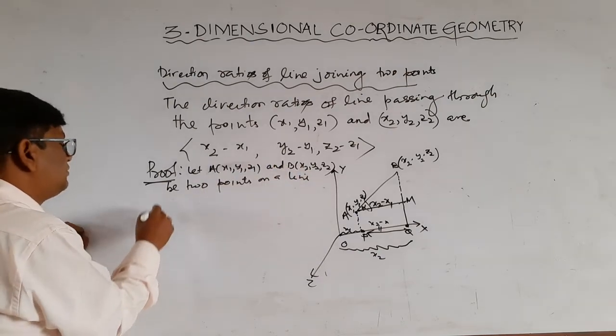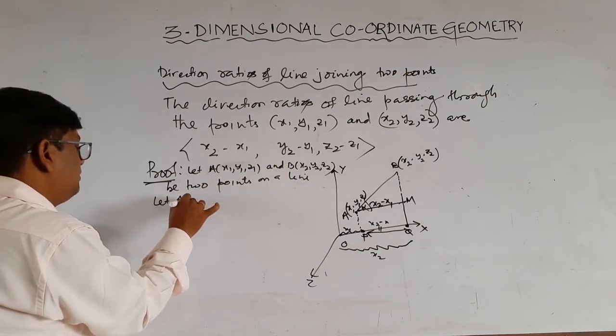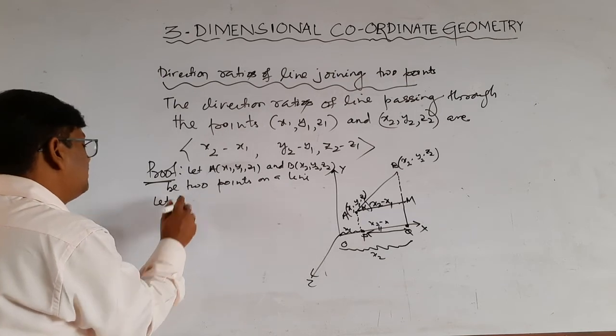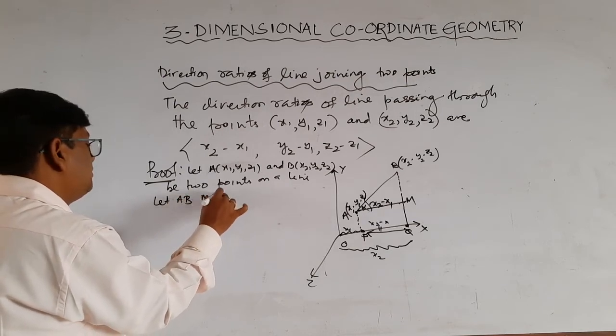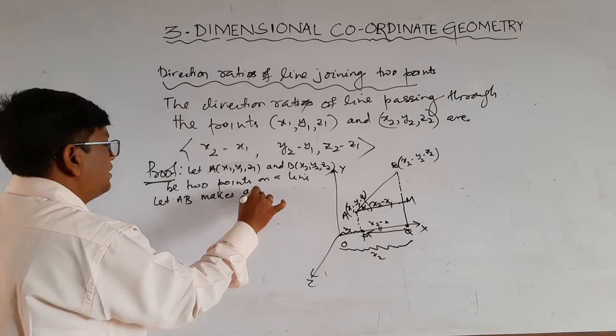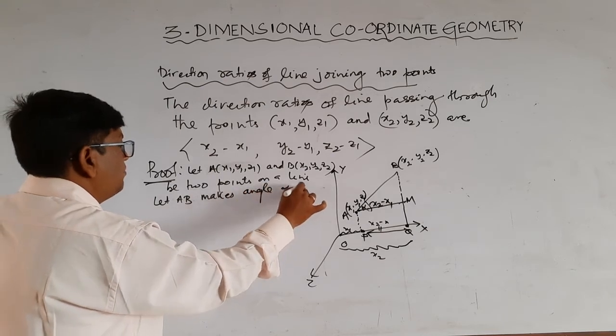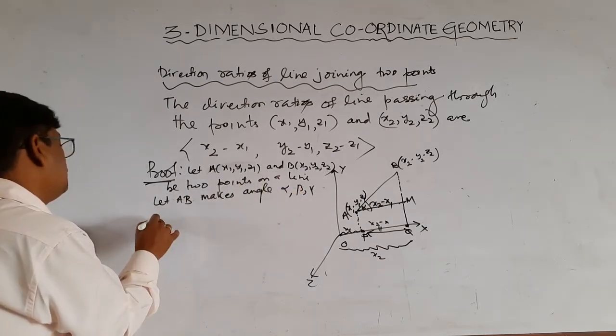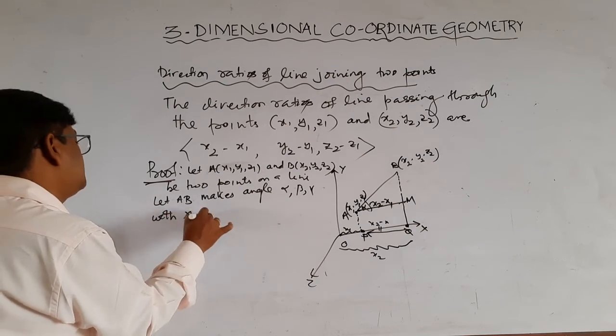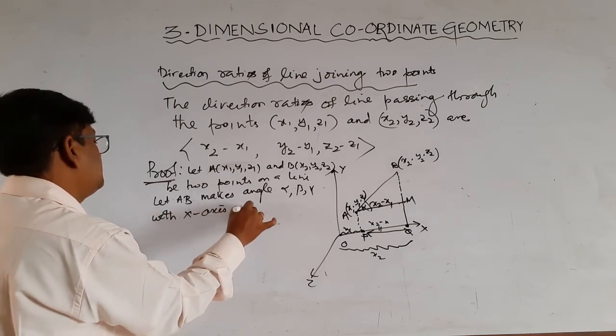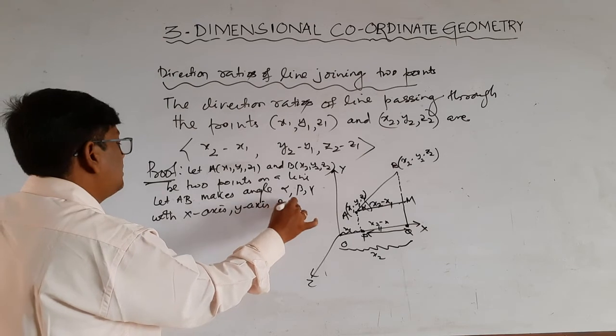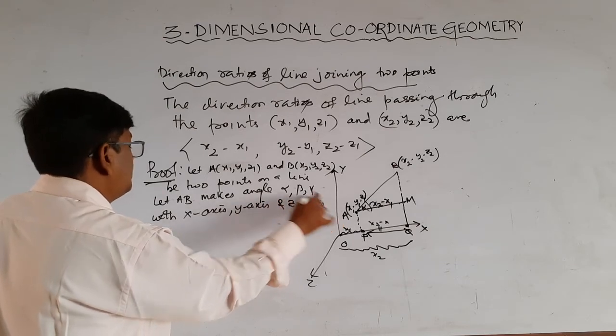Let AB make angles alpha, beta, gamma with the x-axis, y-axis and z-axis respectively.